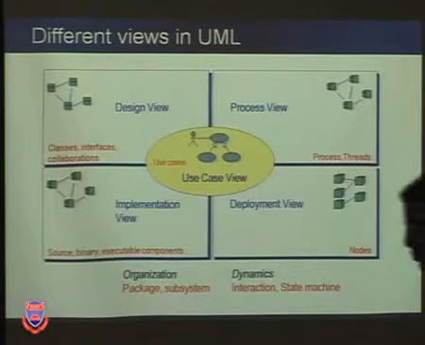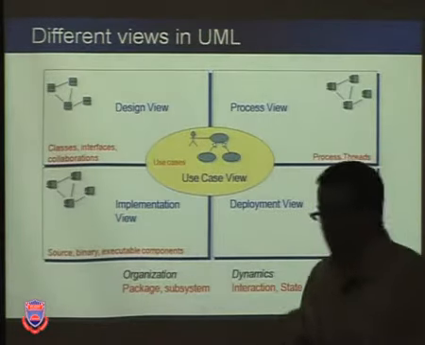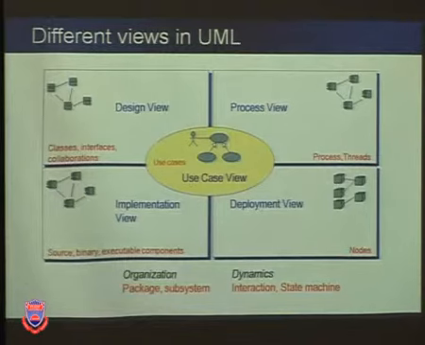This was the 4+1 view model from UML, also from Kruchten. There they separate 4 views: design view, process view, deployment view, implementation view, and in the middle the use case view.